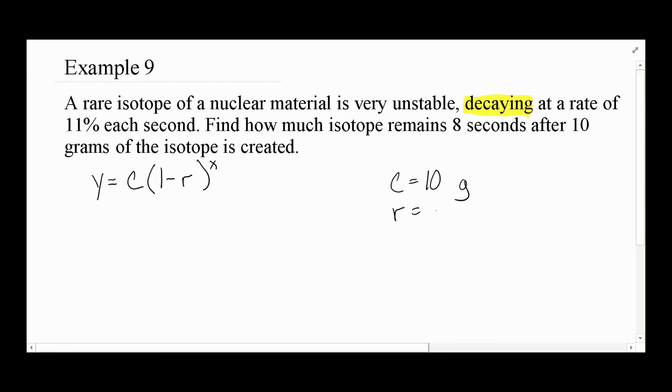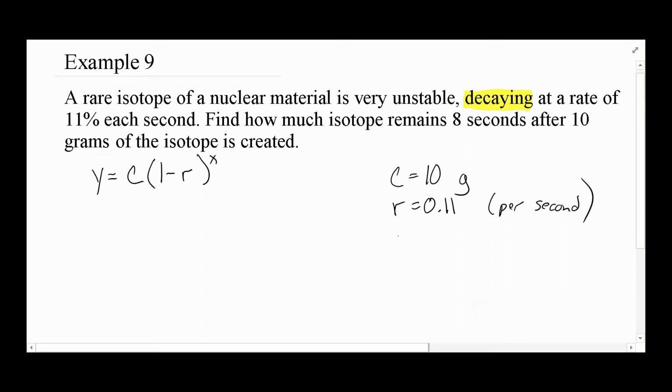The rate at which we're decaying is 11%. And again, I'm going to jot down that this is per second, just to remind myself when it comes to x, that x was not 10, it was 8 seconds, and this was also measured in seconds, so it's matching up.